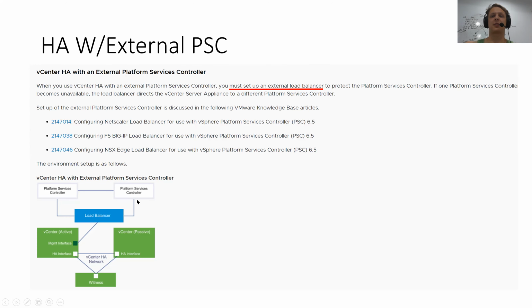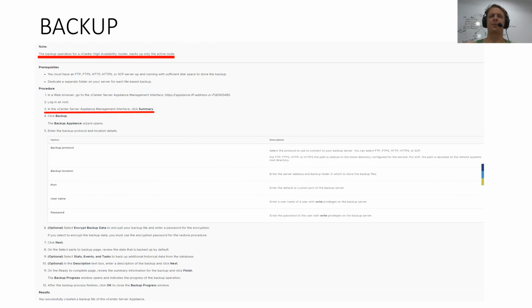So these Platform Services Controllers are not using the HA network, and they're using an external load balancer to communicate with the active vCenter server. And those are the 3 supported types of load balancers.